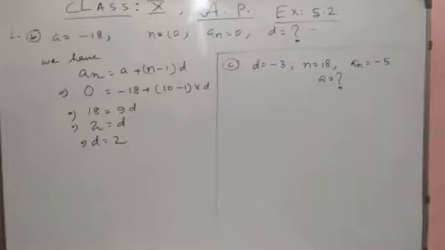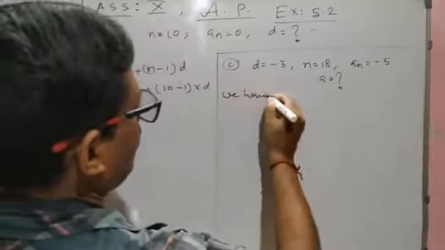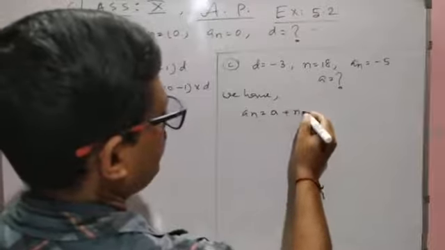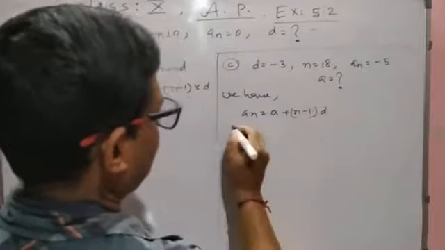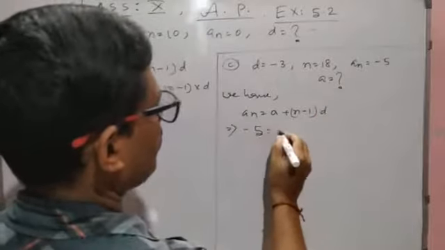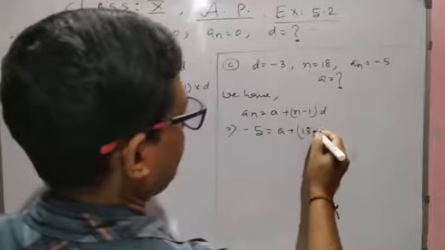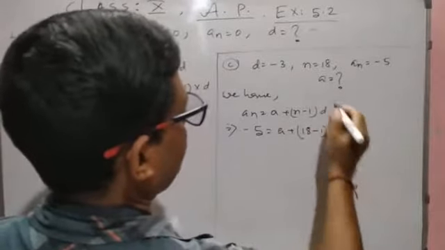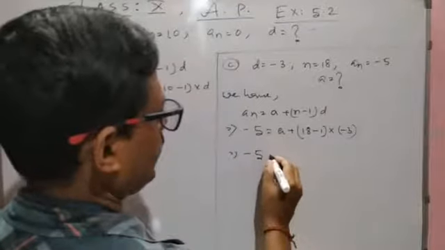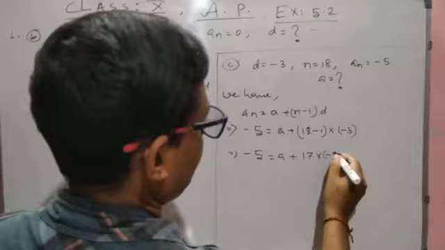So in this question, we have An equal to A plus (N minus 1) whole into D. An is given as minus 5, A is not given, N is 18 minus 1, D equal to minus 3. So it will be minus 5 equal to A plus 17 into minus 3.